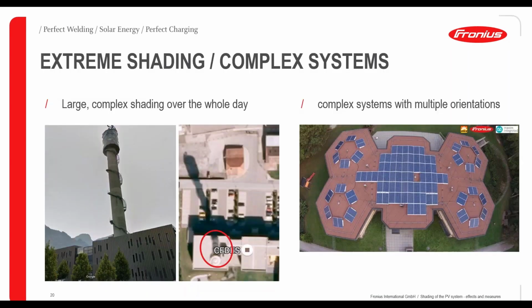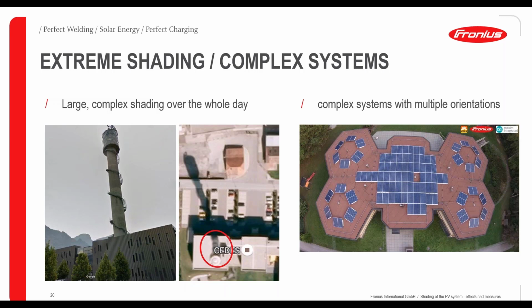But of course, there are systems with strong shading, with heavy shading. In this example, we can see a large moving shading throughout the whole day. On the left-hand side, it's a tower, and actually this was a request from a customer, and he wanted to install a PV system directly under this tower, where the shading of the tower was covering the whole roof.